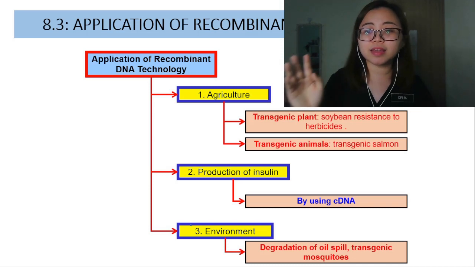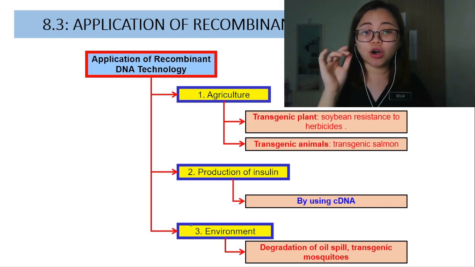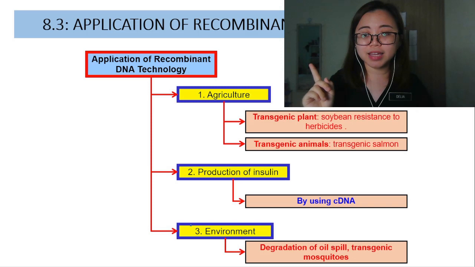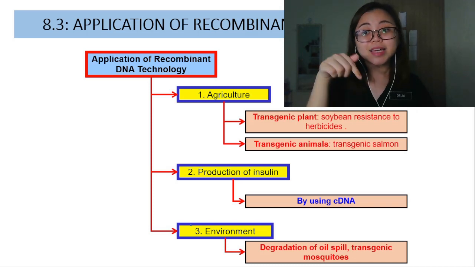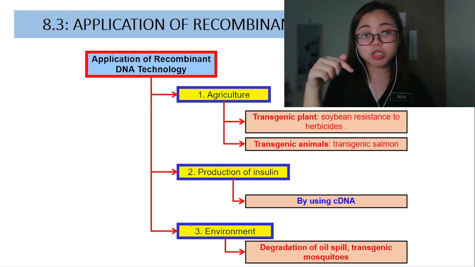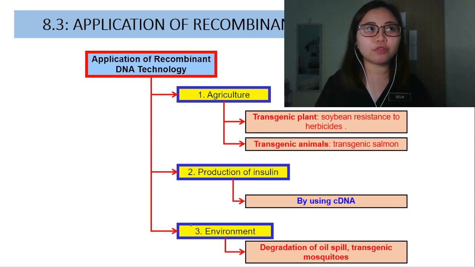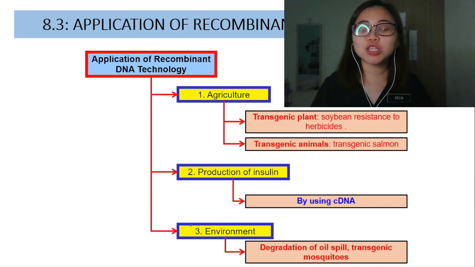Another application of how we use recombinant DNA technology to alter our environment is to create transgenic mosquitoes. If you remember a few years ago, there was the uproar of the Zika virus. One of the methods that they are trying to overcome the Zika virus is by producing transgenic mosquitoes. We have a lot of diseases that are transmitted via mosquitoes.